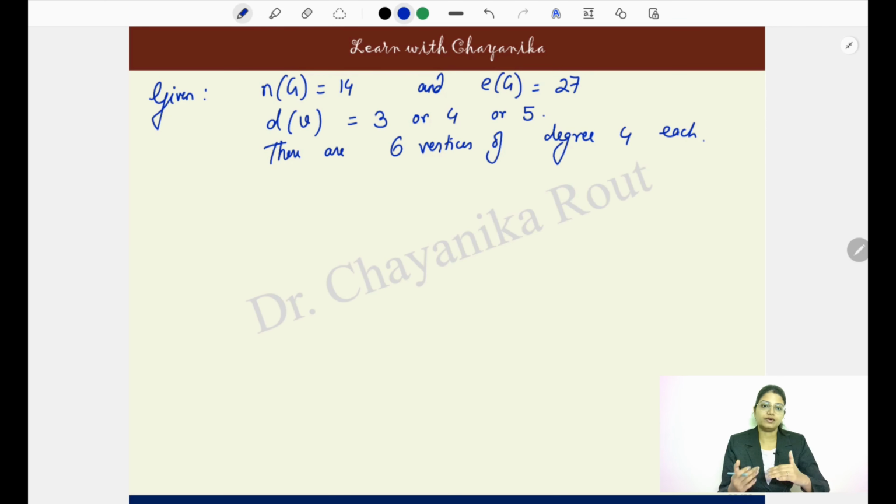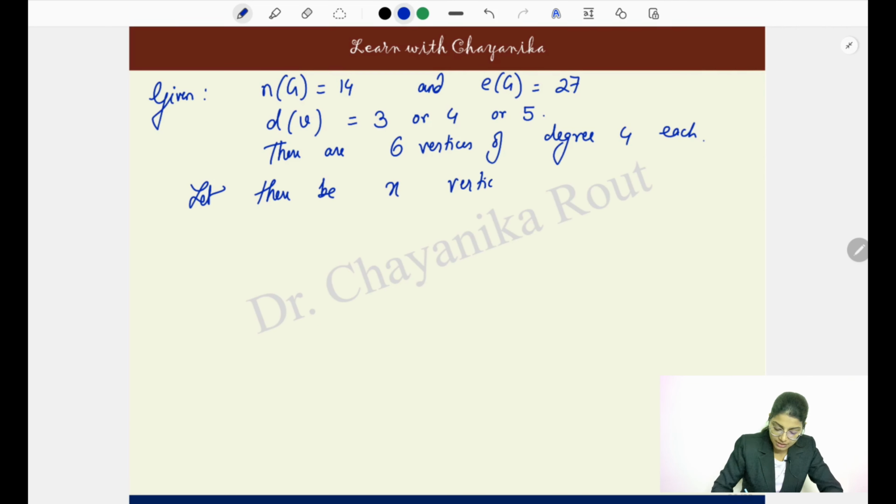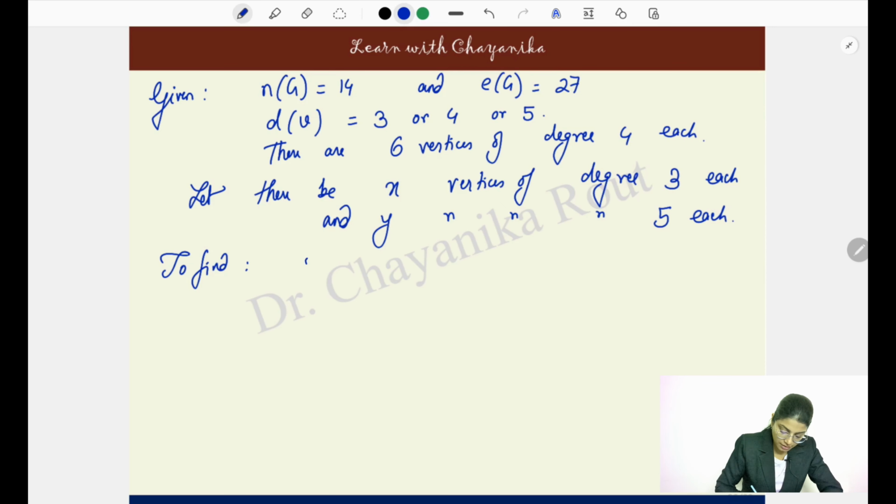Now we need to find how many vertices are there of degree 3 and how many are there of degree 5. So let us assume that there are x vertices of degree 3 each and there are y vertices of degree 5 each. So we need to find the values of x and y.